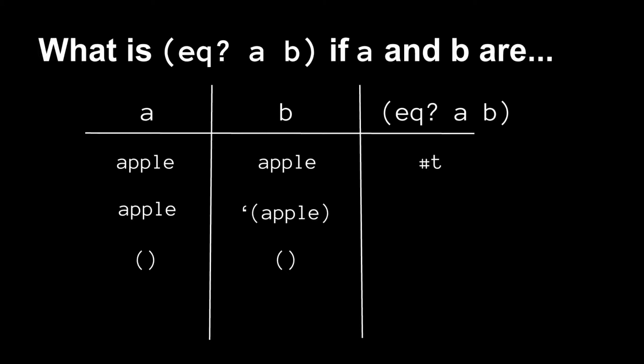So what if A is an atom and B is the list of atom? Then eq will return false. And if they're both empty lists, it returns true. So I think it's pretty obvious what eq does.